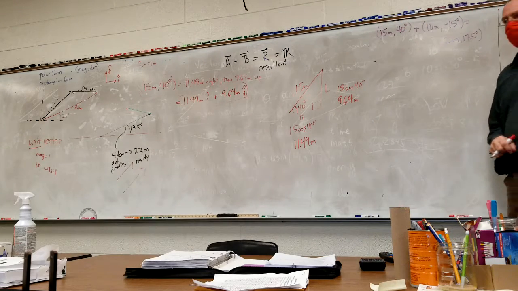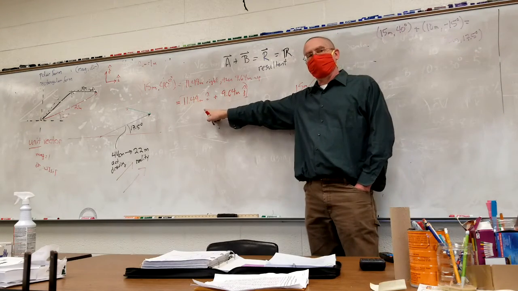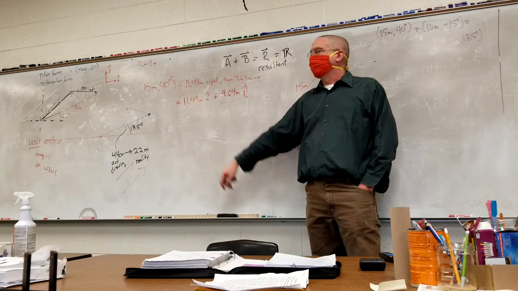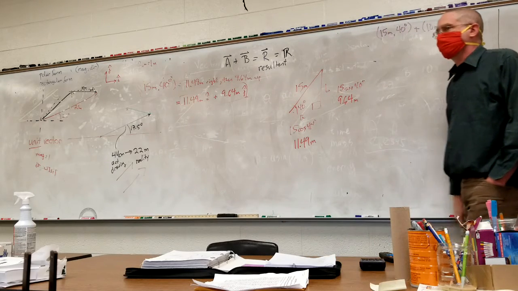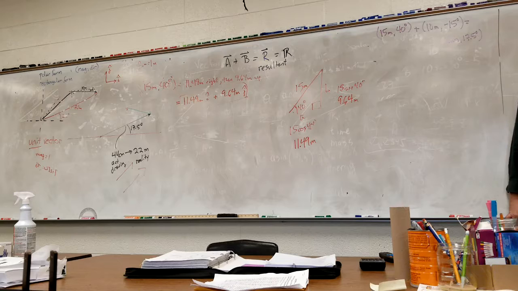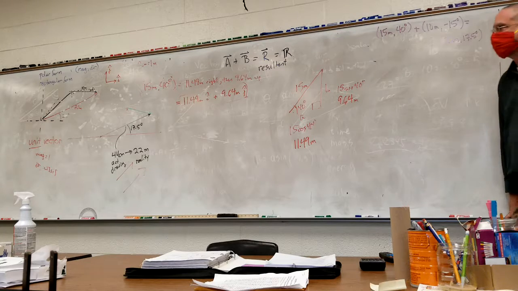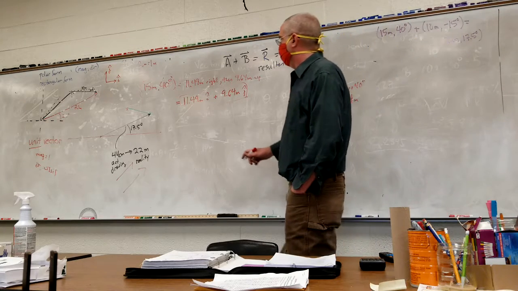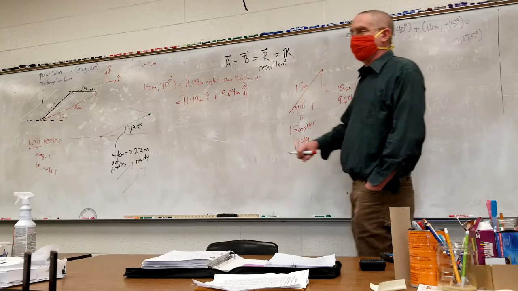Just one's polar form and one is rectangular form. This is rectangular form right here. Questions here, because we're about to do the other vector.